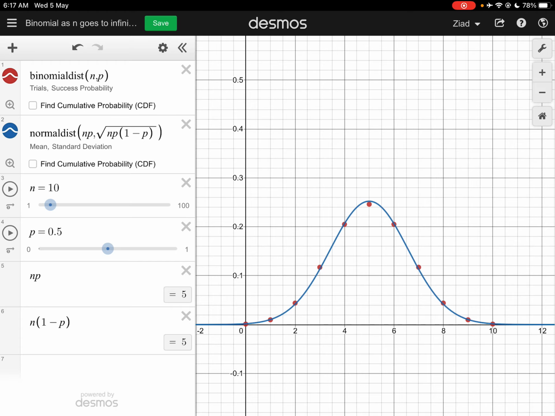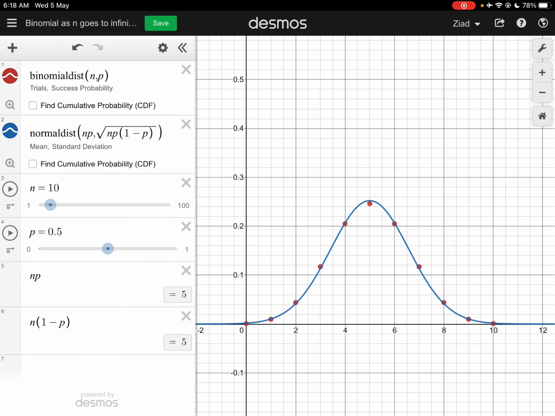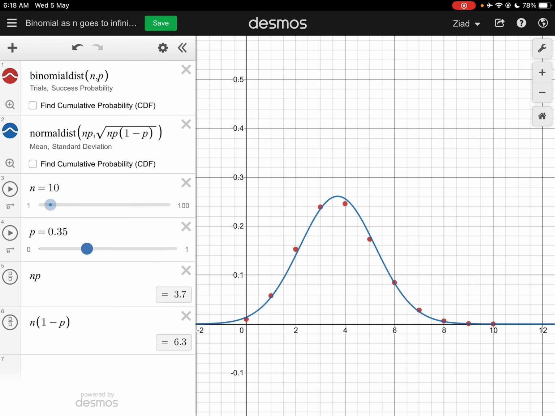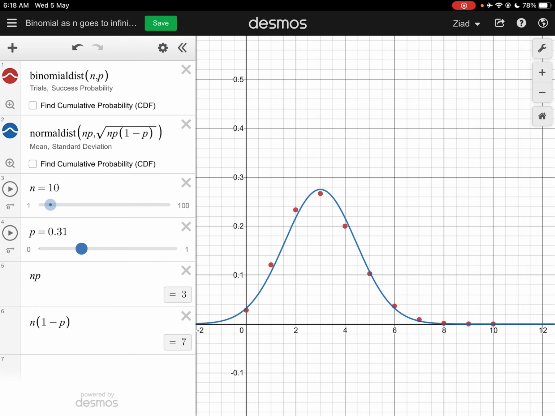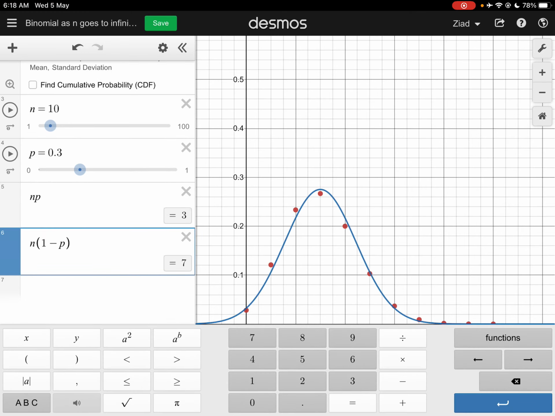Now, the problem is, in most cases, we don't have 50%. We usually get things that are not 50%. So what if, for example, we had 30%? Okay, then look here, np and n times 1 minus p. We need both of them to be at least 5, but still we need to increase n so that we reach this.